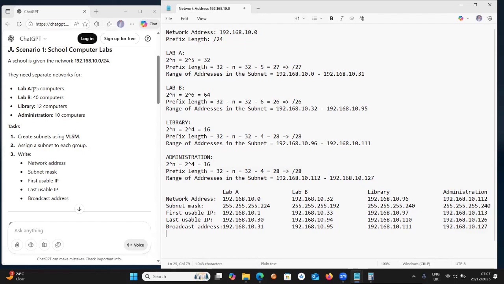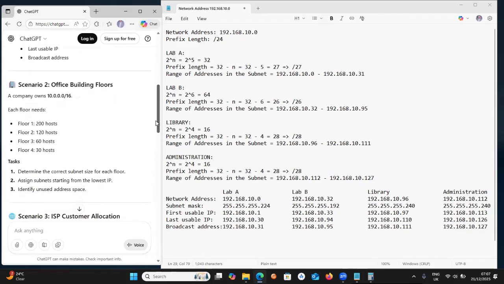When you are broadcasting on a network, the network will be busy for all the computers on the network. None of them will be able to send any packet at that instant there is a broadcast. So when you have a message for only lab A and it is affecting lab B, library and administration, that is not good enough. But if you subnet them, when you are sending a message that affects only lab A, lab B, library and administration will not be affected. So that is the purpose of subnetting.